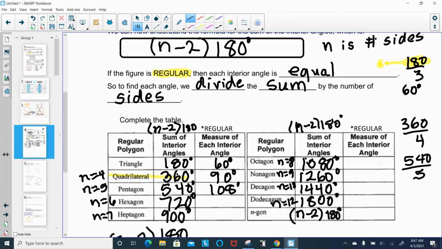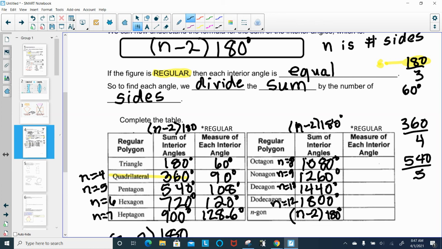Okay, so I'm going to continue to fill in the chart. You're going to get 120 here. This is where you get a decimal. I always call this 128.6, but clearly you have to round. I mean, there's no other way to really manage it.